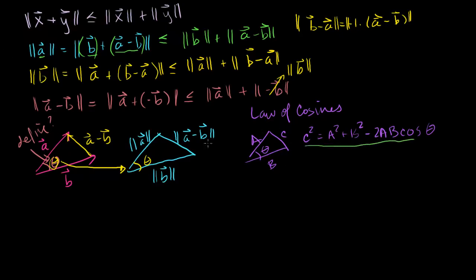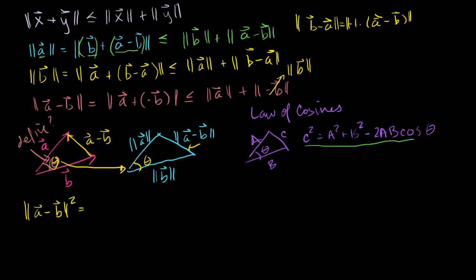And lucky for us, we have a regular run-of-the-mill triangle here. So let's apply the law of cosines to this triangle right here. The way I drew it, they correspond. The length of this side squared, so that means the length of a minus b, squared. The length of vector a minus vector b, that's just the length of that side, so I'm just squaring that side.